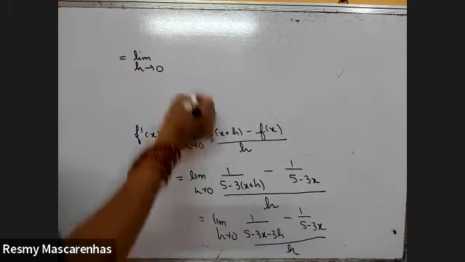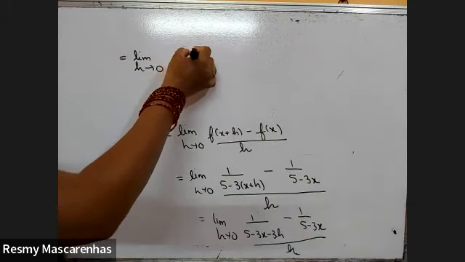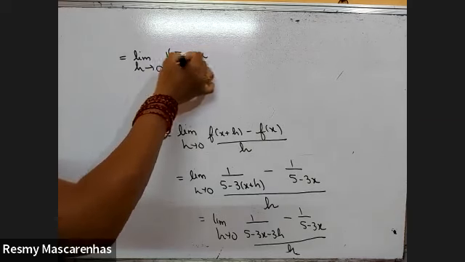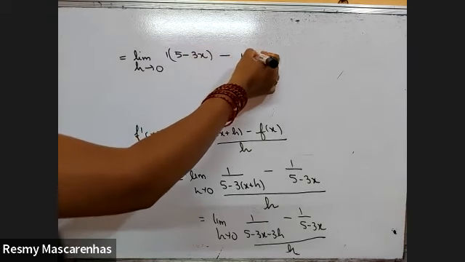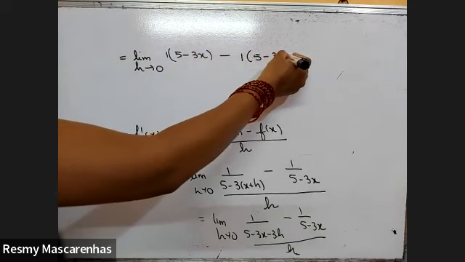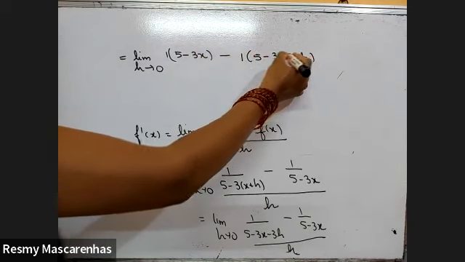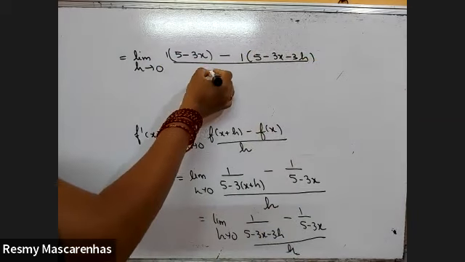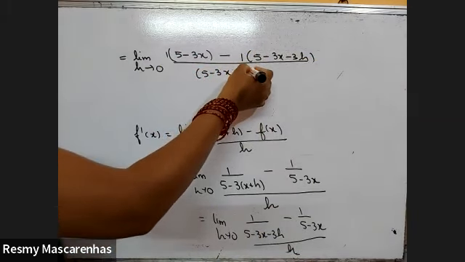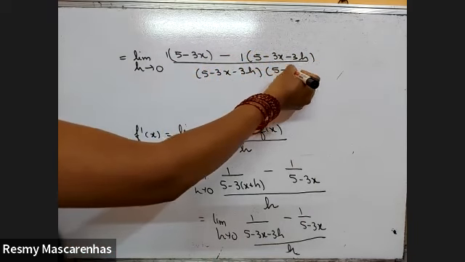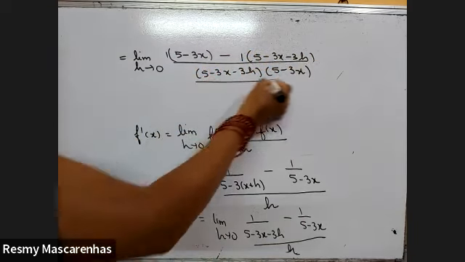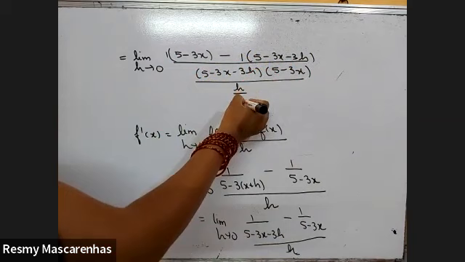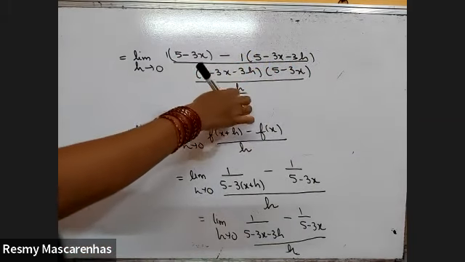5 minus 3x will come here. And this into this. If nothing is there, it means h upon 1.